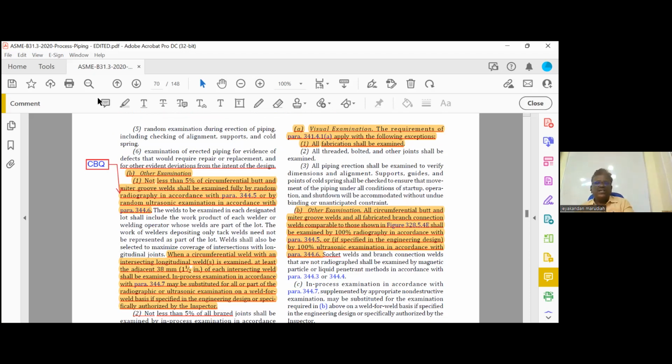Now, the code here is not clear, so please copy what I write. Girth weld. Category D: 5% visual, no radiograph.